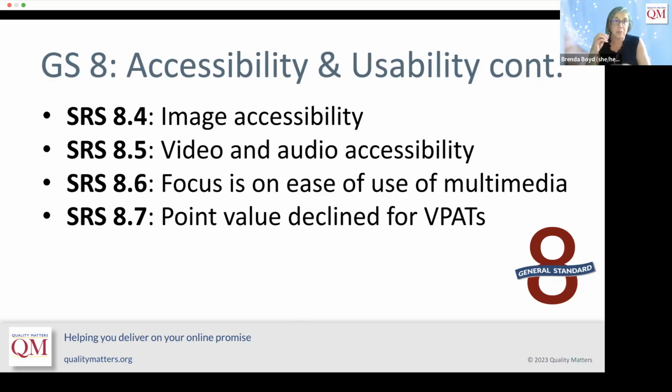8.6 is about ease of use of multimedia, and we have focused on the ease of use. So that's, again, that clue of use, usability, right? Like how you use it. And then 8.7 is where we lost a point. That used to be a 2-point standard, 8.7, which is the current 8.6 in the 6th edition about VPATs. The rubric committee decided that that's important, but it's not very important.